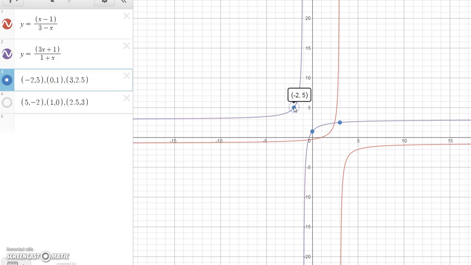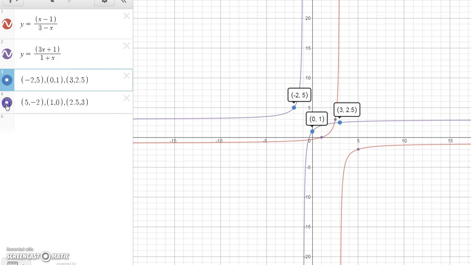This point, negative 2, 5. This point, 0, 1. And this point, 3, 2.5 is on the blue or purple, whatever color you want to call that graph. Well, what's interesting is if you just reverse the x and y's in each of these, you'll also find a point that's on its inverse.